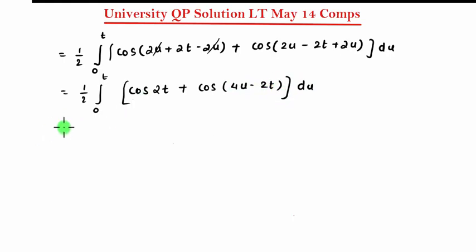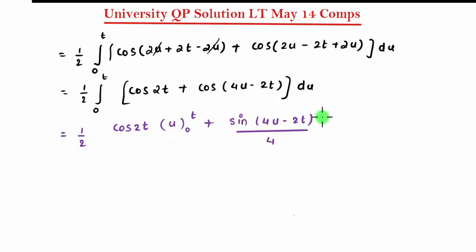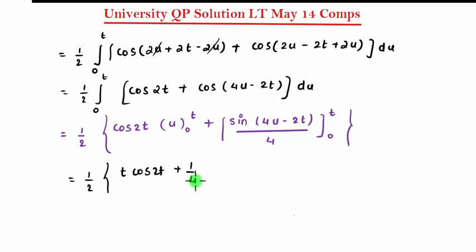So now let's integrate. I can say this to be 1 by 2, cos 2t is constant. Integration of 1 with respect to u is u, that is from 0 to t, and integration of cos is sine (4u minus 2t), that gets divided by 4. Limits are 0 to t. So now I can define this as 1 by 2, this to be t into cos 2t, and this comes as 1 by 4.